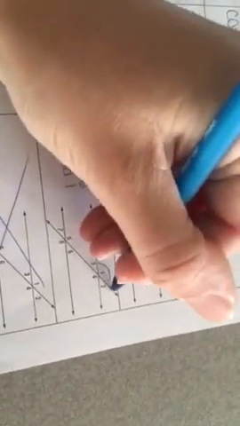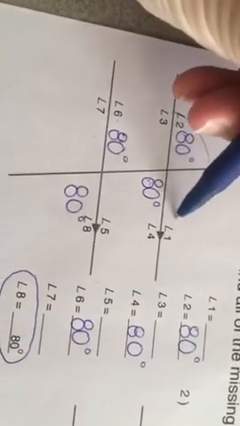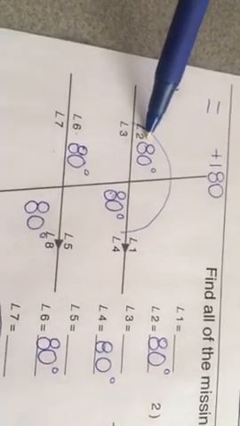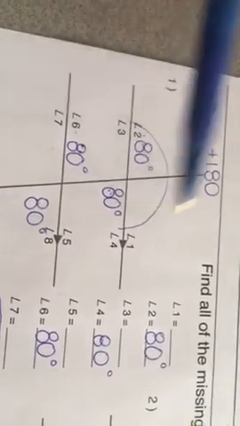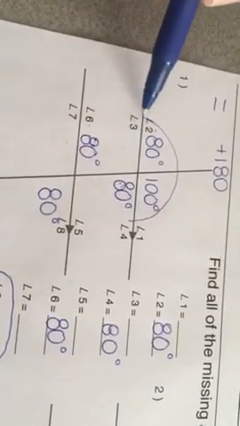So like angle 1 and angle 2. Together they form a 180 degree angle. So if I look here at 1 and 2, they form a 180 degree angle. So if angle 2 is 80, that means angle 1 needs to be 100. So together they make 180.